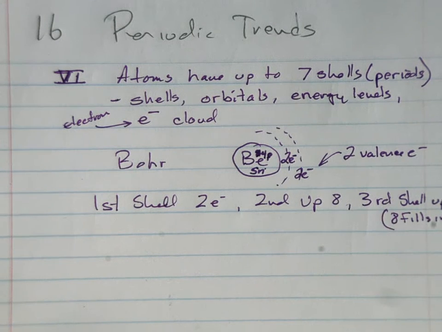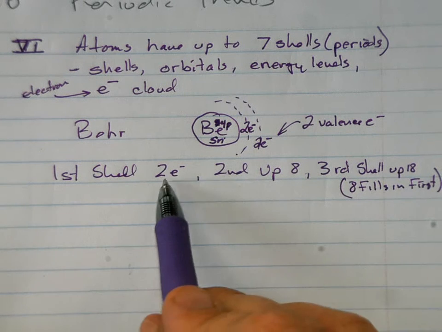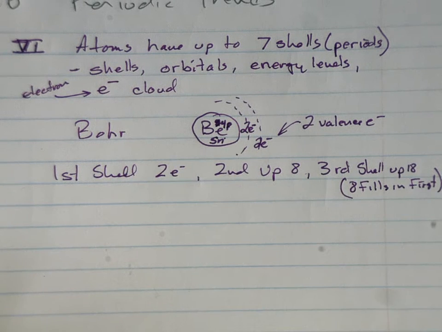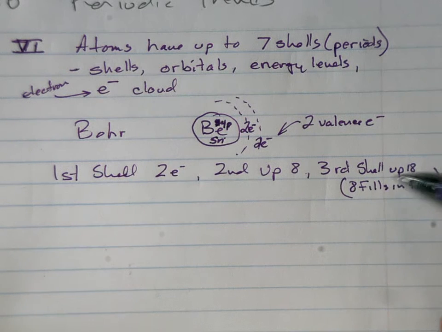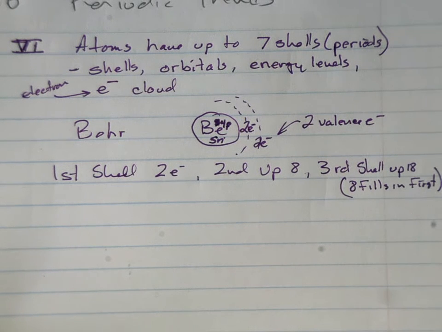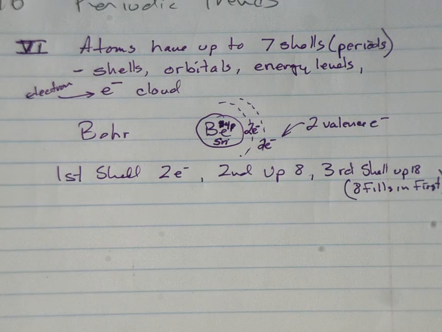So when we draw Bohr models, we're going to say that we fill electrons 2, 8, 8. Because what's going to ultimately happen is once you start adding a 9th electron in here, it's going to actually start filling the 4th shell. Yeah, I know, it's great that it does that. So let's move on. I don't want this to be too long.